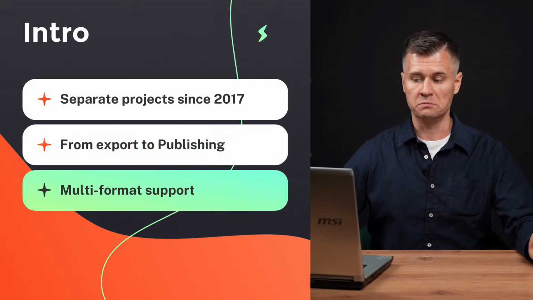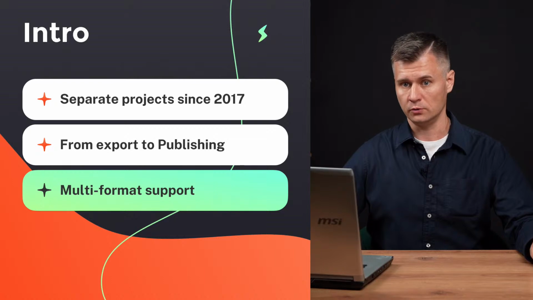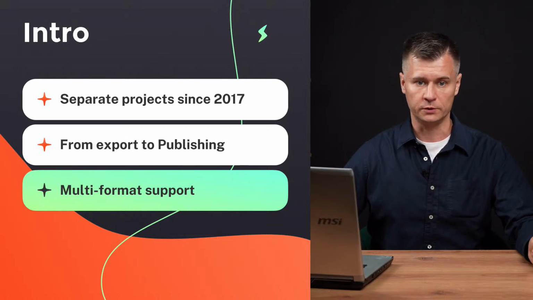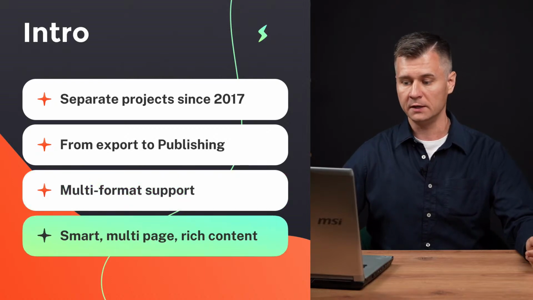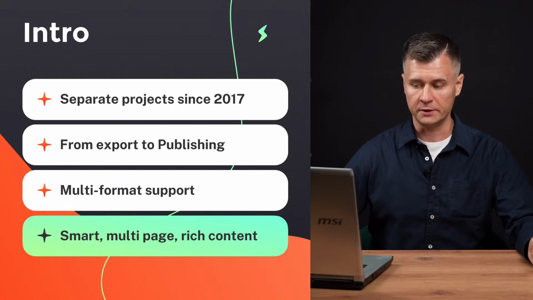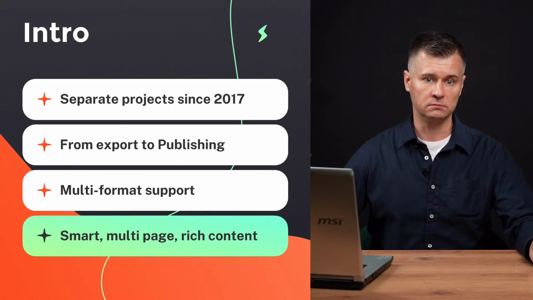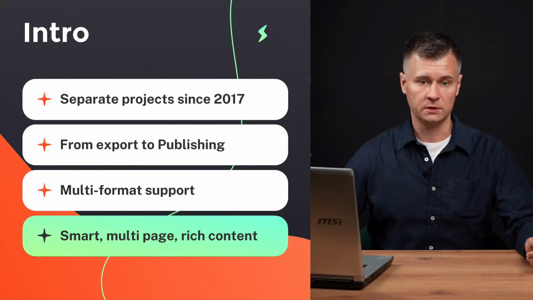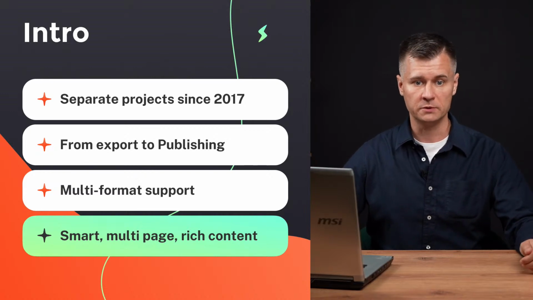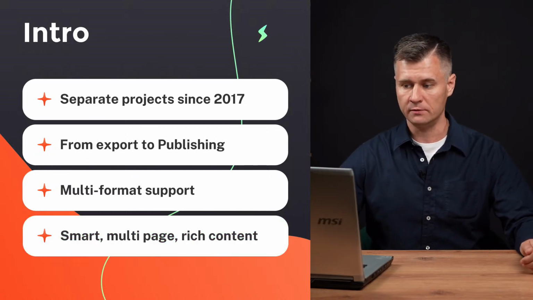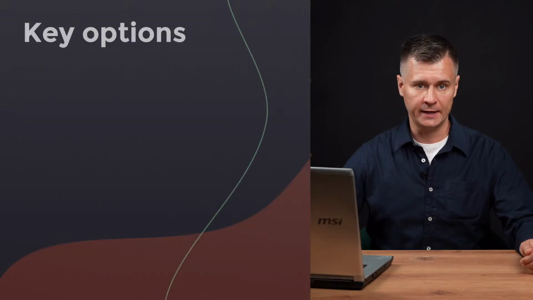In addition to multi-format support, so it supports all the formats supported by ODE itself, it allows to create rich content, multi-page documents, and our members are leveraging the advantages of this SDK.